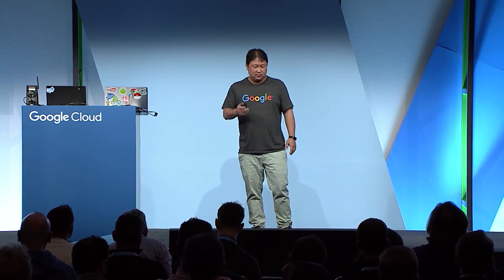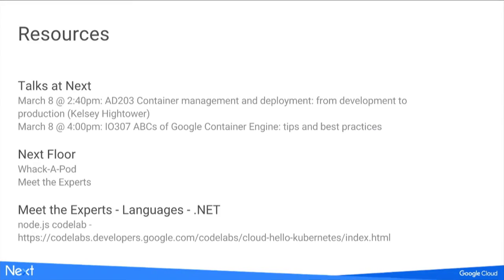Now also, there it is. So there are a couple other talks here. Hopefully you're signed up for some of them. Right after this talk across the hall, Kelsey Hightower is basically taking this talk to the next level. We talked about creating a container, building it, running it. He's talking about what you would do if you wanted to run that container in a production environment.